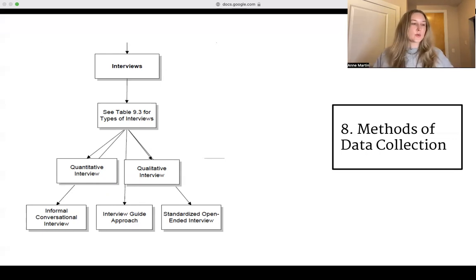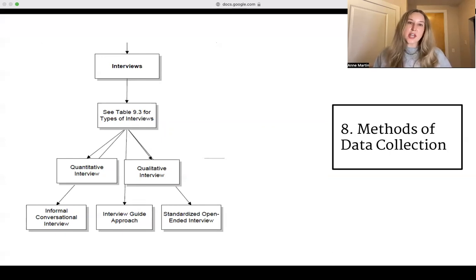An example of this would be polling research. So when people call people on the phone during an election cycle and they ask them, what issues are you most concerned with? What's your likelihood that you'll vote for this candidate over that candidate? Even though it's an interview, they are collecting quantitative data because they have a way of categorizing it that they can make that data numerical.